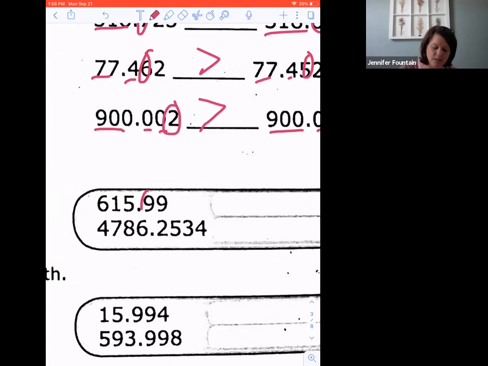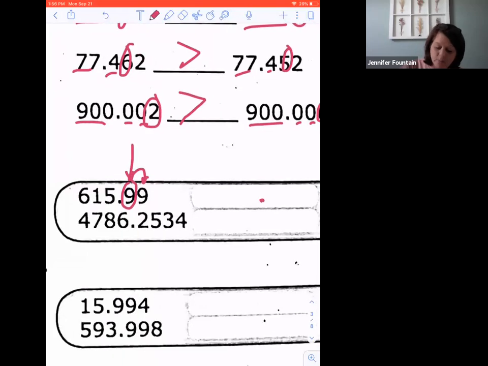I'm rounding to my nearest 10ths place. I look at his neighbor, and his neighbor is a 9. So that means that this 9 is going to round up to a 10. So that means that my number in my 10ths place will be a 0. And if it goes up to 10, then that means I have to make this digit go up too. So I end up with 616.0.